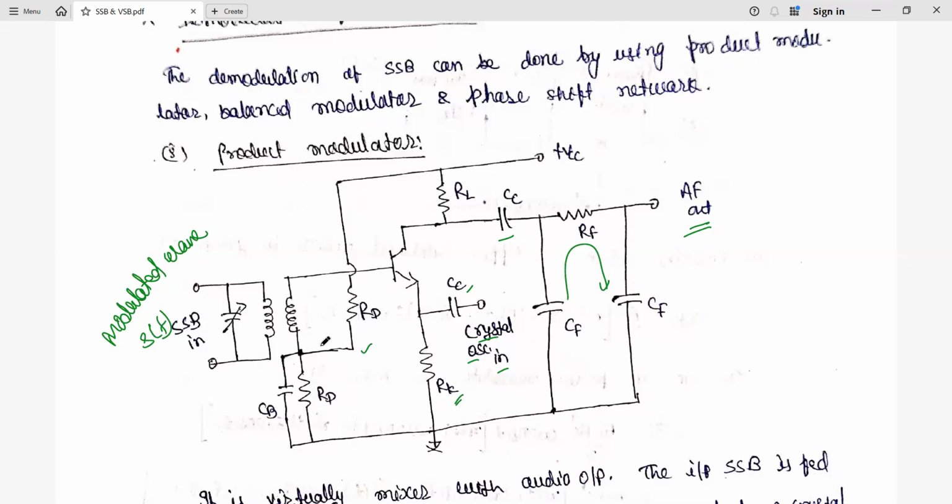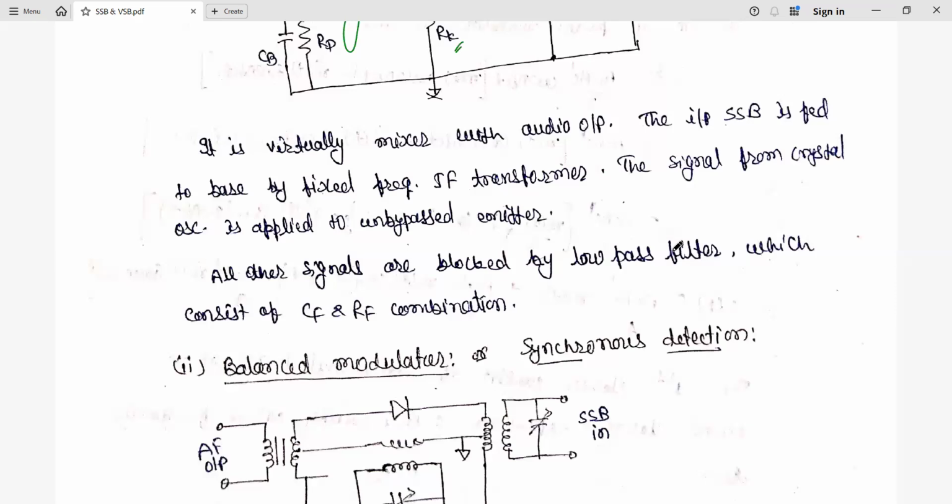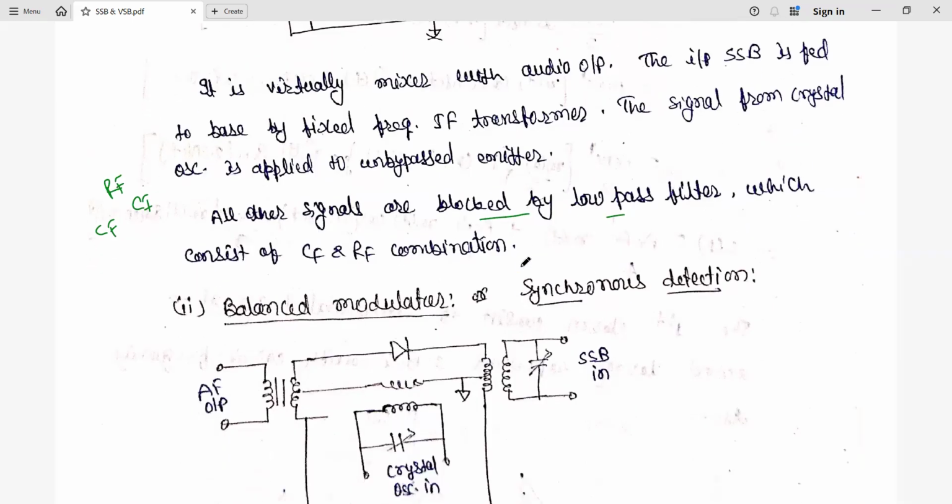So this is the arrangement. This part is for biasing purposes, and here the input is given. Finally, on the right side we have the combination of CF, RF, and again CF. This blocks all other signals, so it acts as a low pass filter. So unwanted signals are blocked here in the case of the product modulator.